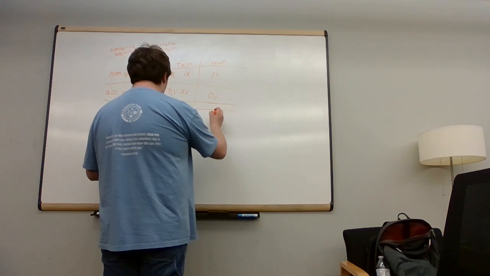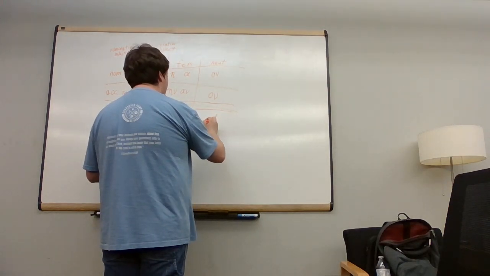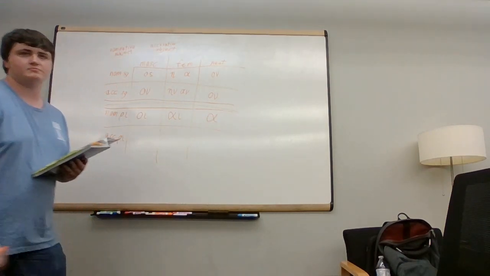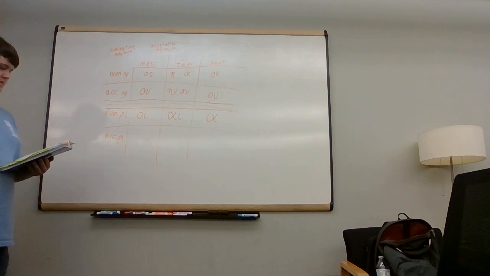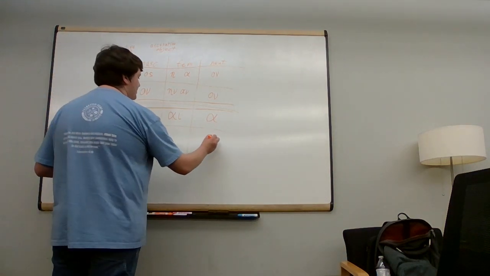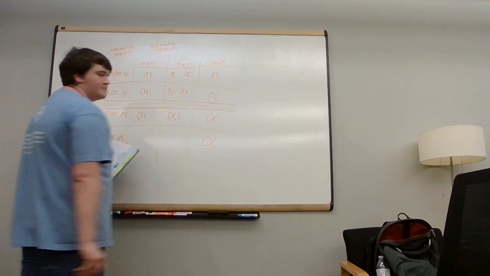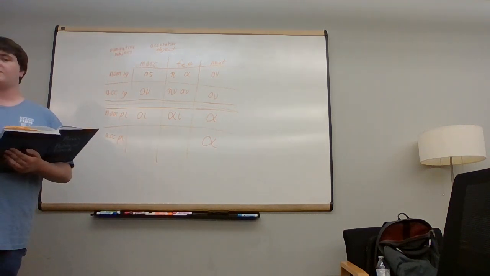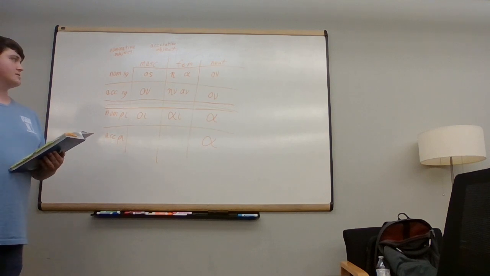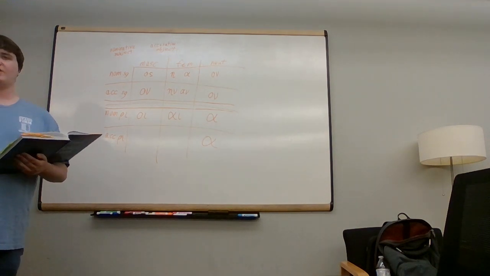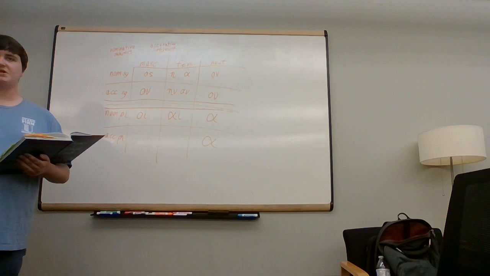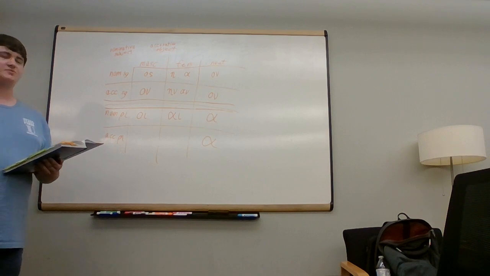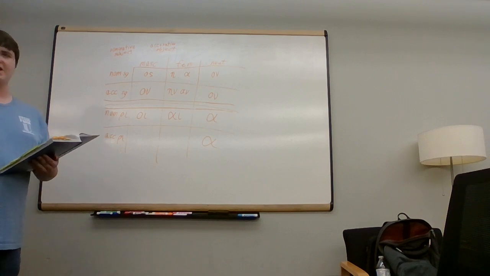And then these are just alphas. And I'll just go ahead and tell you now, this is also an alpha. The neuter, nominative, and accusative is like always the same, pretty much.